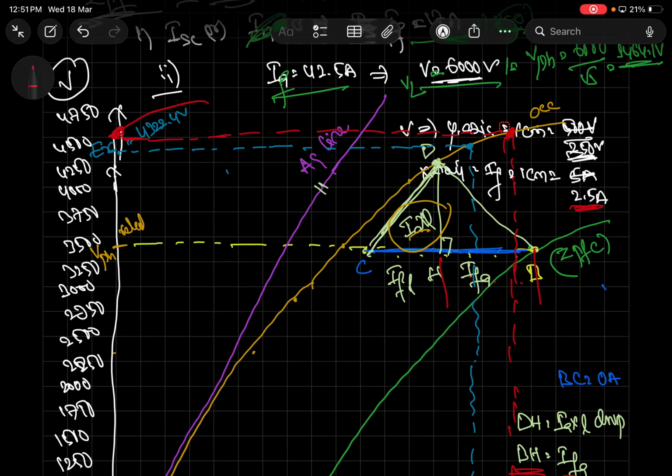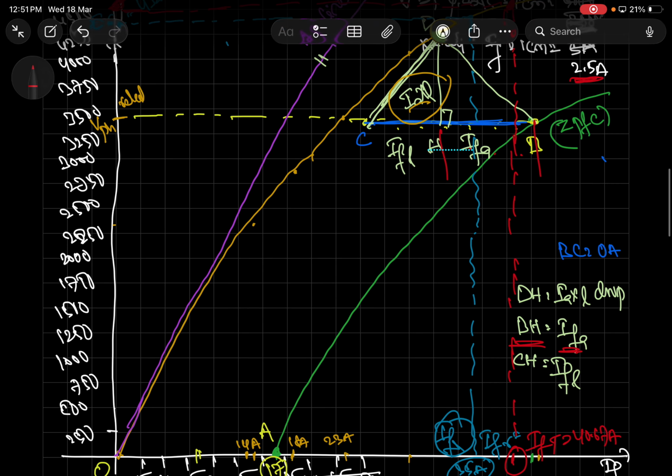This voltage is the E0. Approximately, what voltage are you getting here? 4500 exactly. Any other answer? Here we can locate it at 4500 volts.